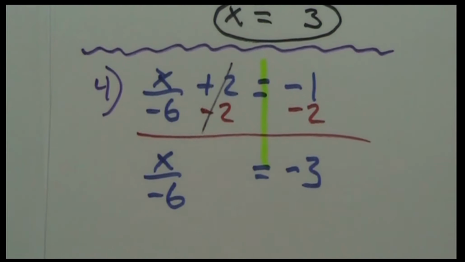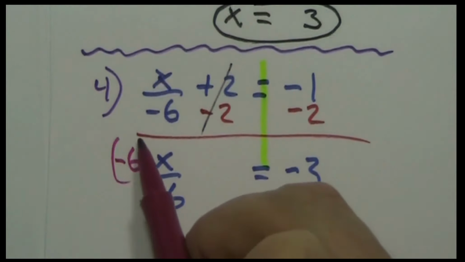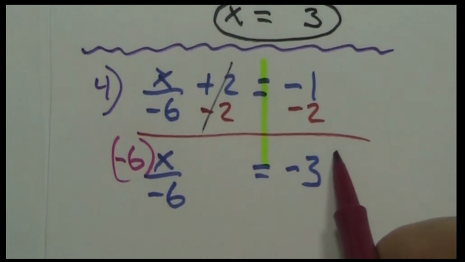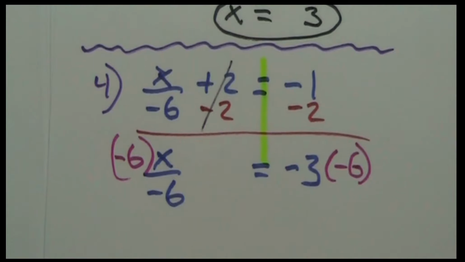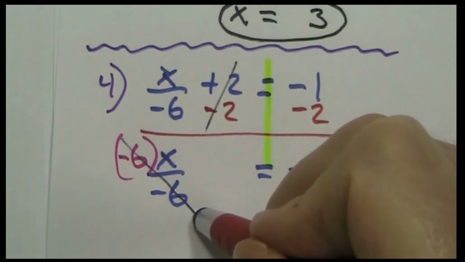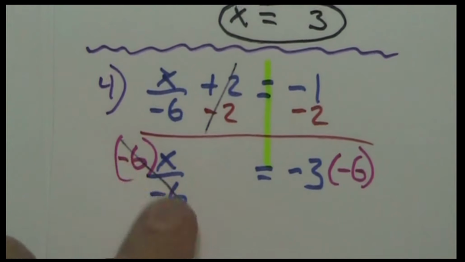Okay, now we want to get rid of the coefficient. So we'll multiply, but we have to do it to both sides. And you can see that this reduces to just 1. Negative 6 over negative 6 is 1.